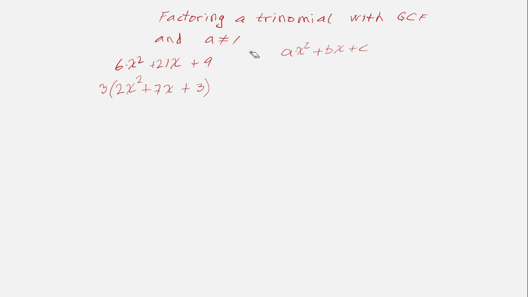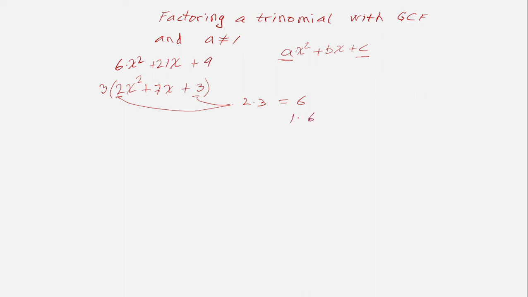So that's where this a different than 1 comes from, and that's where the AC method gets its name, because we actually multiply a by c and then we go from there. So in our case, a is 2, c is 3, so we would say, well, 2 times 3, that gives us 6, and then we need to find factors of 6.